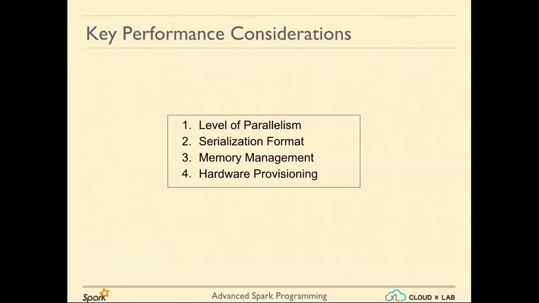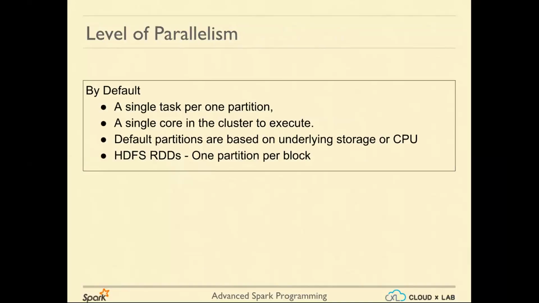So further, if you want to improve our Spark application's performance, we could do the following. The first and foremost is level of parallelism, meaning how many tasks do we want to execute in parallel.